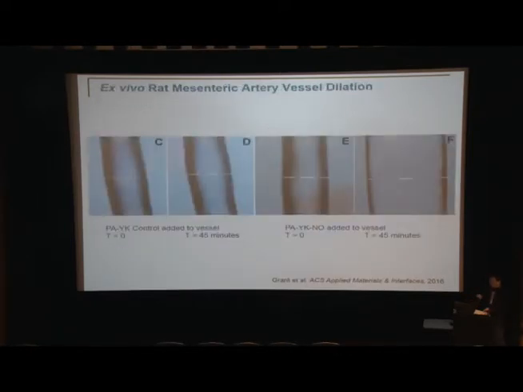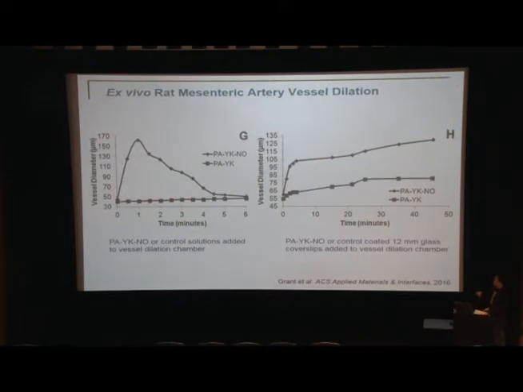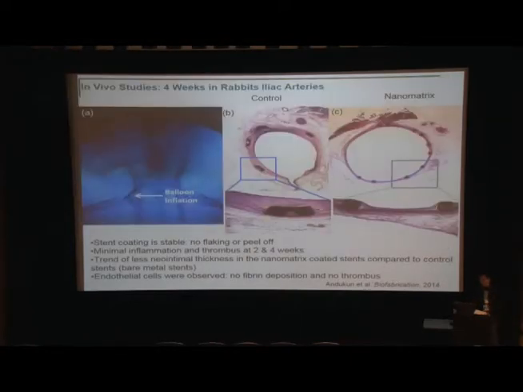And also, for the vasodilation study, we used a vasoconstrictor-treated artery vessel. Once you incubate with the nanomatrix, the constricted vessel dilates because the NO is released in a sustained manner. We can maintain the vasodilation up to 60 minutes and longer. And this is a preliminary animal study.